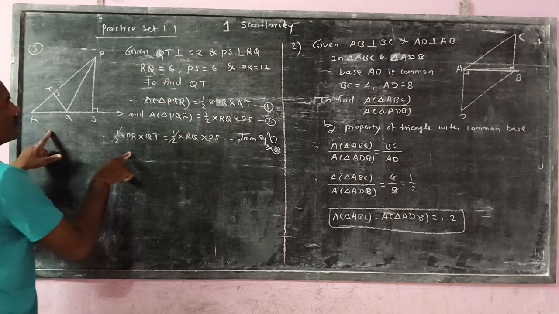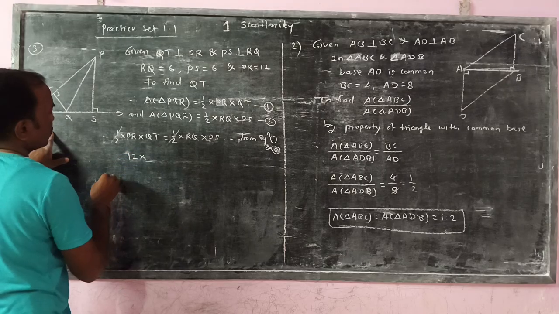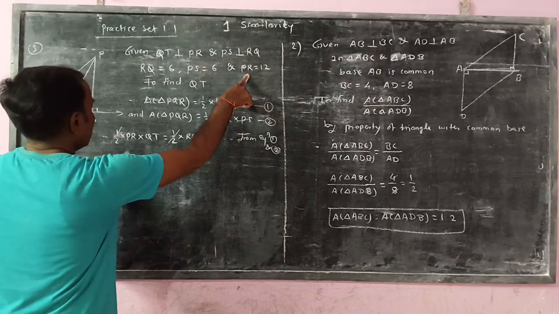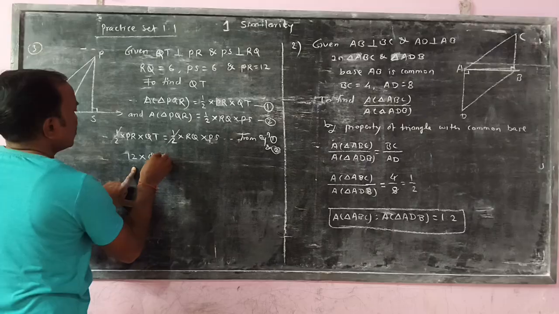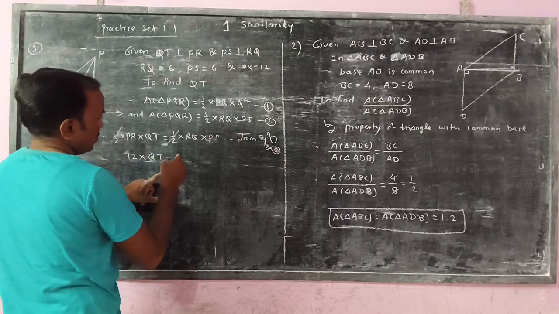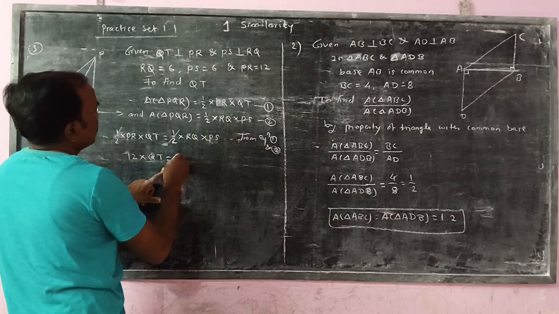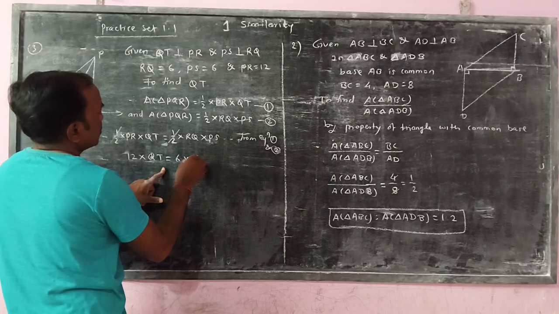PR's value is 12, into QT, to find the value of QT, and RQ is 6, into PS is 6.